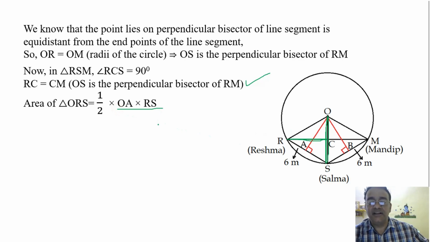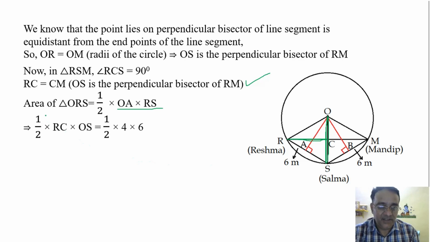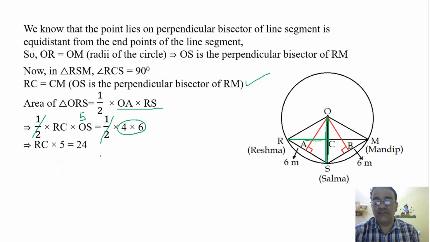This can be written in another way that I already told, half into RC into OS. Now this half we can cancel, and OS is 5 and this is 24. Okay. So RC into 5 is equal to 24. So 24 upon 5 will be RC. That is 4.8. So what is RM?